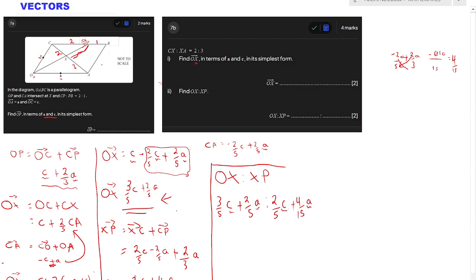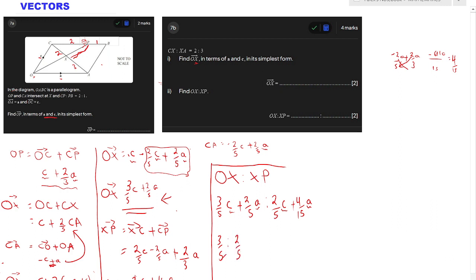Now these are the vectors. You can check by taking any of the coefficients to get a common ratio. If we take the coefficient of C, in the first case it is 3 over 5 to 2 over 5.